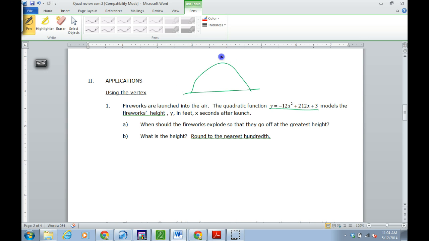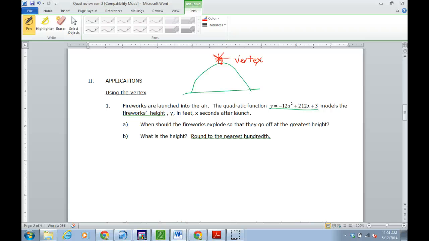We want it to explode up here. So we want our fireworks to explode way up here, at the very top. What's that called at the top of a parabola? Vertex. Yeah, the max one is the one that we want, not the peak. But so it's called the vertex, okay? So we want it to explode at the maximum height.